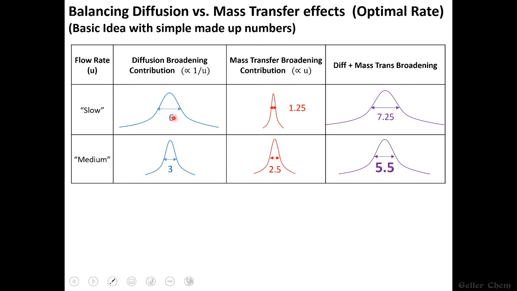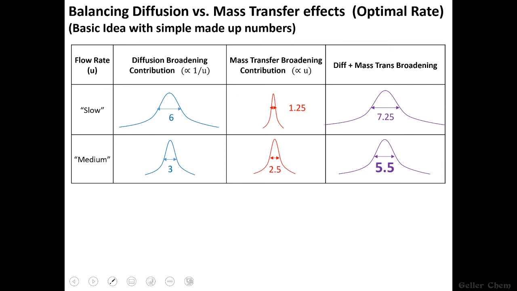We can see this goes down by 3, and this goes up only by 1.25. And so our total peak width at half height is 5.5. So things have ultimately gotten better by speeding up our flow rate. We have reduced diffusion broadening more than we have increased mass transfer broadening.